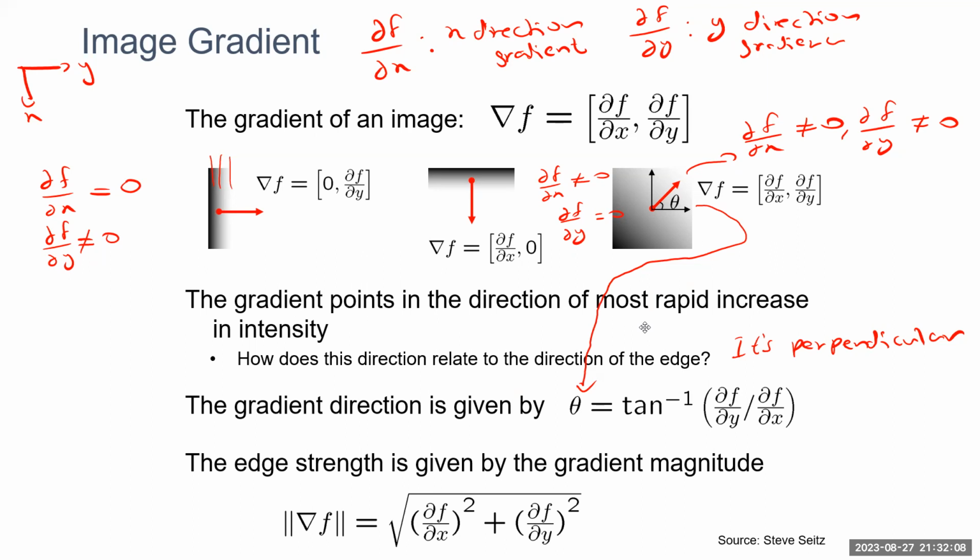Because there can be intensity variations, but just because there's an intensity variation, that might not be an edge, right?